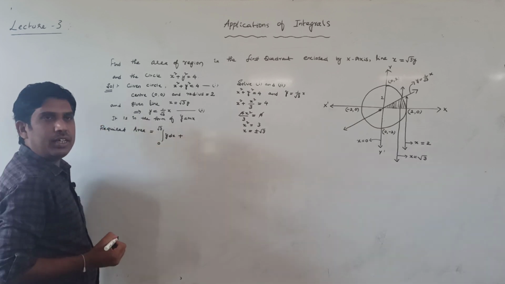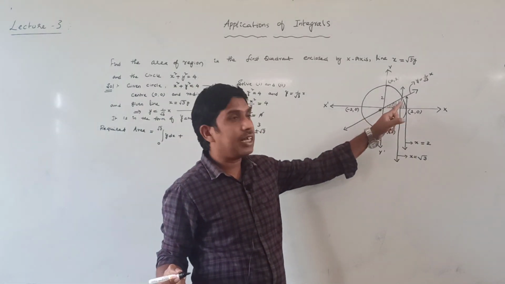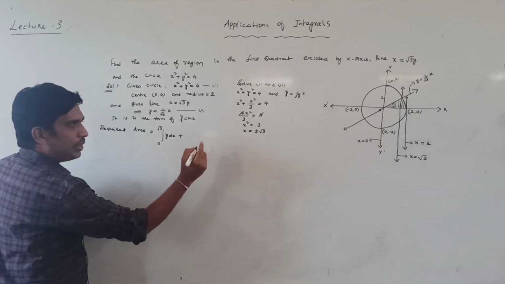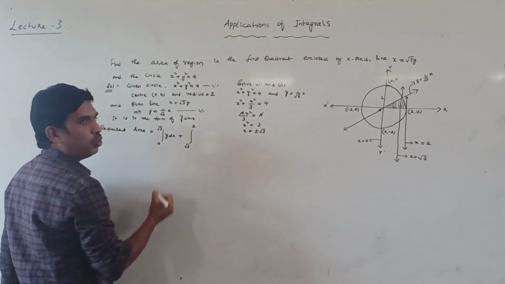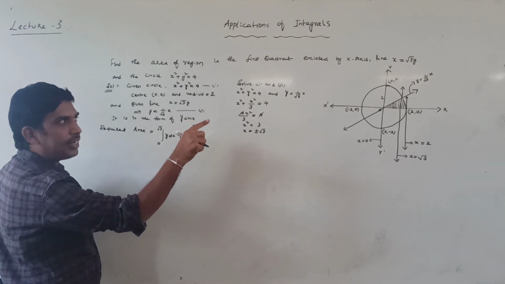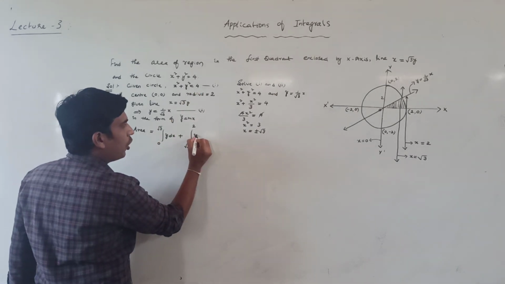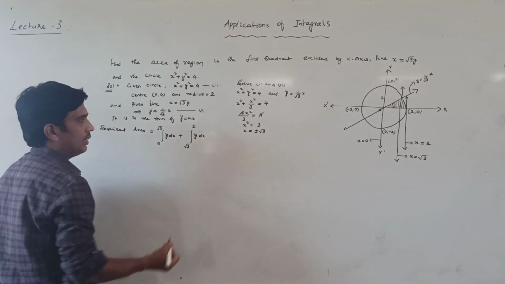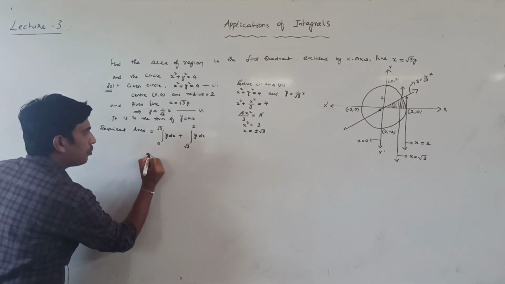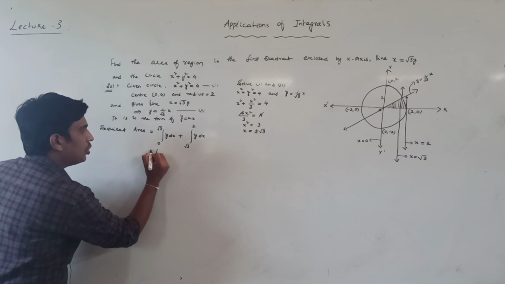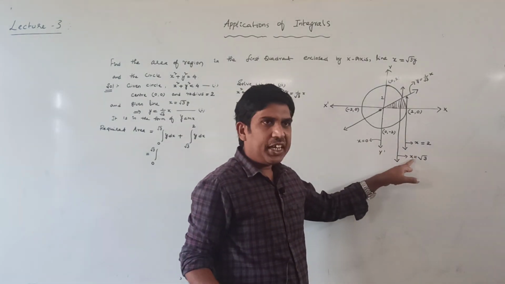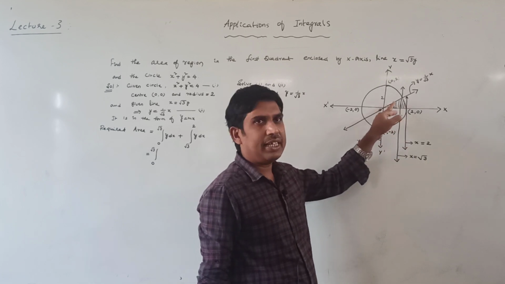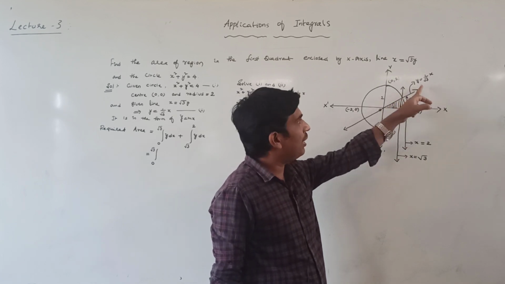plus the area enclosed by the curve or circle. The limits we have to take are root 3 to 2. Again the same: area enclosed with the x-axis, the formula is y dx. Now the integral from 0 to root 3. In 0 to root 3, the area is enclosed by the line. So in the line equation, what is the y value?